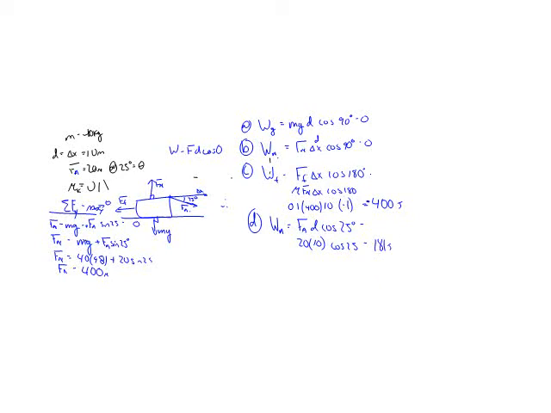All right, and then it asks what's the net work done on the system? The net work is just adding up all the works. So you have 0 plus 0 plus 181 minus 400. Wow, in this case it's not going to work at all.